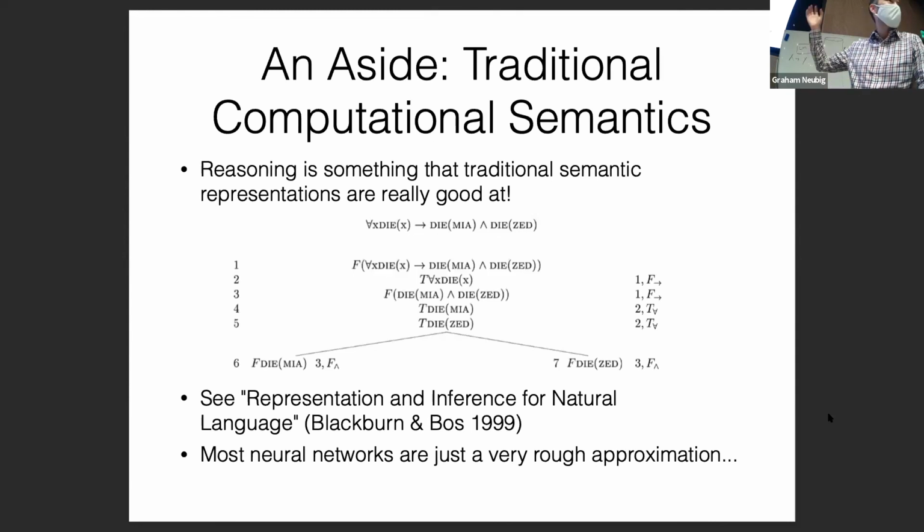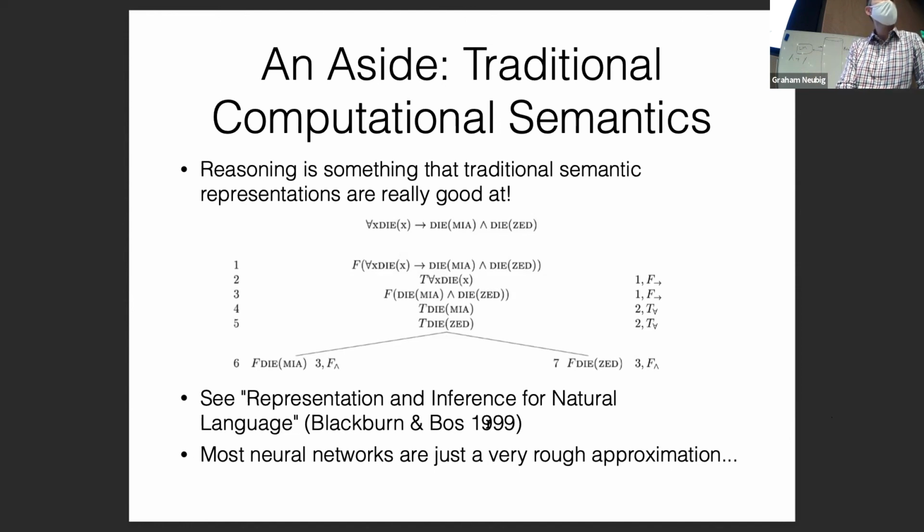This is actually from Bob's presentation last time, so I can kind of skip over it a little bit. But basically, in traditional semantics, we have things like symbolic reasoning, like the stuff that Bob talked about. I really like this reference, Representation and Inference for Natural Language.